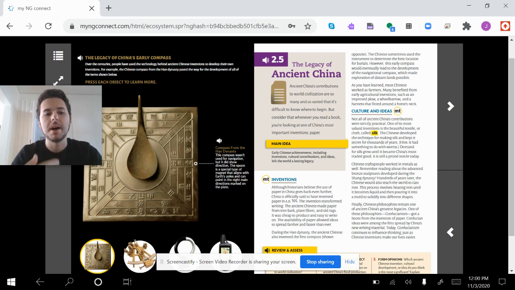I mentioned the Silk Road in my mini notes lecture, but the Silk Road was a literal road that was traveled by traders from China to the Middle East to Europe, where they would trade their goods and their silk and their iron.